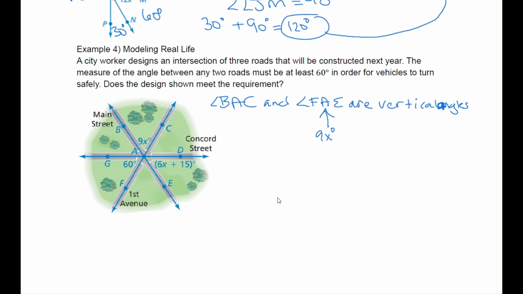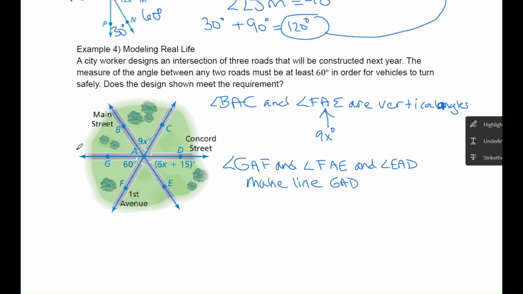All right. Then I also see that angle GAF and angle FAE and angle EAD, all 3 of them are going to make line GAD. Okay, so I'm talking about line GAD here.